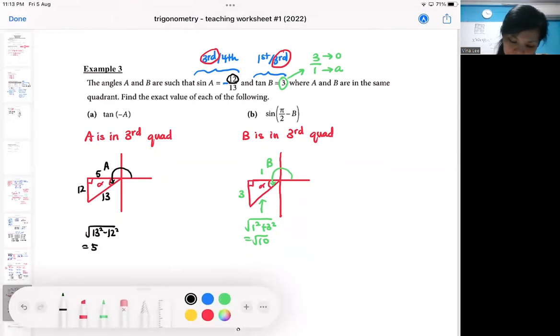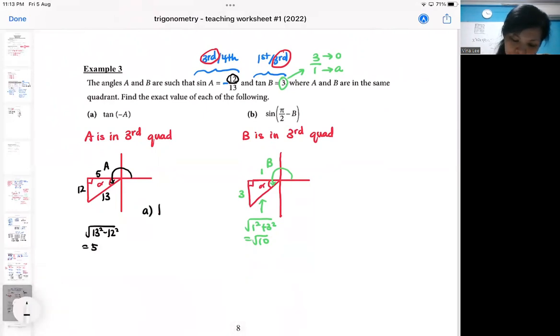If you look at part A, they ask for tangent of minus A. How does minus A look when A is in the third quadrant? Can you see how big this is?